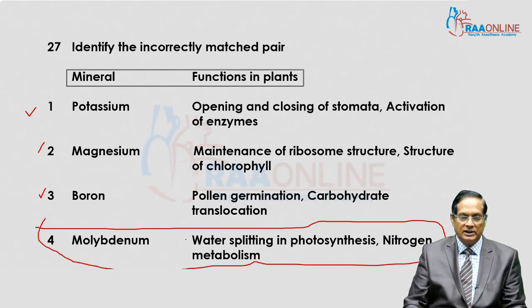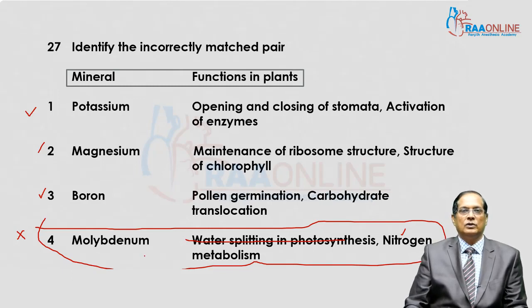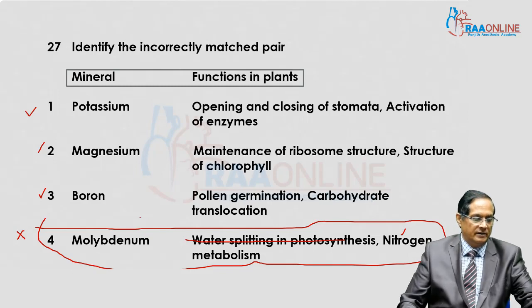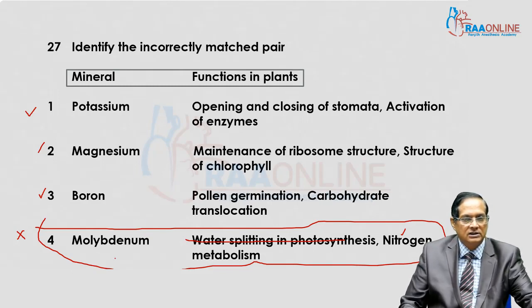That is, part 1 is wrong. This is wrong for molybdenum, but the last part is right. But as a whole, this is not acceptable. Water splitting in photosynthesis is the role of manganese. In that case, manganese is involved, not molybdenum. So question number 27, answer is 4.